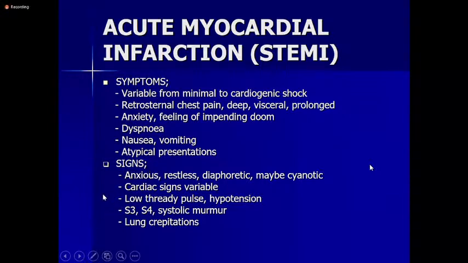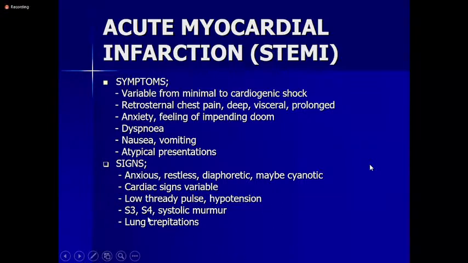So the signs, again, are quite variable depending on the extent of the infarction. They may be anxious, restless, diaphoretic. If they are in severe acute heart failure, they may be cyanotic. The cardiac signs, again, may be variable. There may be absolutely nothing, but they may have a low thready pulse. Again, if they have cardiac compromise, they may be hypotensive.